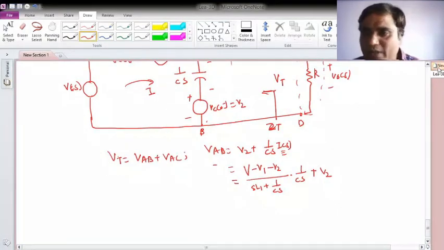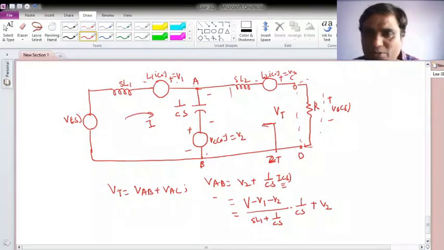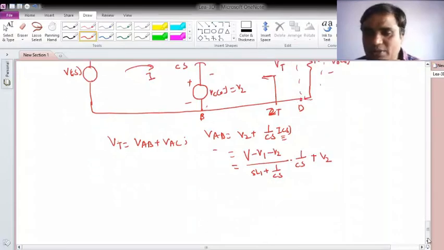And what about VAC? Now this is open, so there is no flow of current here. So the voltage will be 0 across this, and the voltage will be V3 only. So VAC will be only V3.